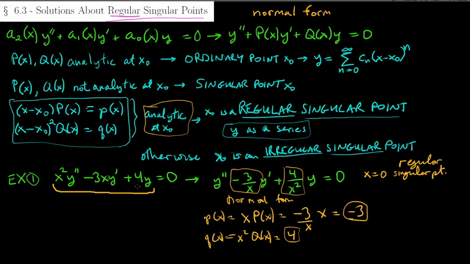So that's good. And maybe you remember that you know how to solve this. This is a Cauchy-Euler equation, because notice the order of the derivative. It's a second order derivative and then quadratic x squared.